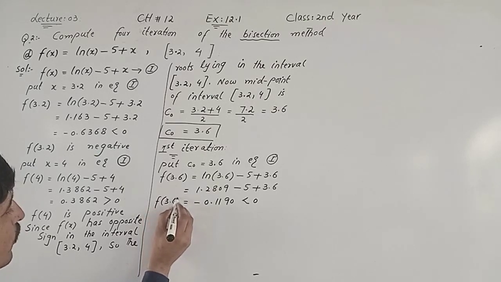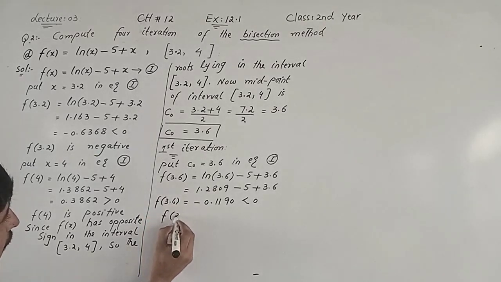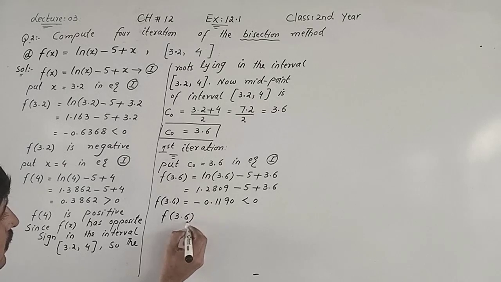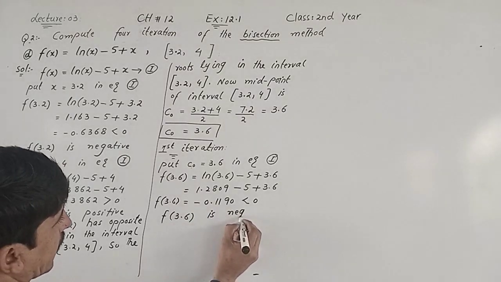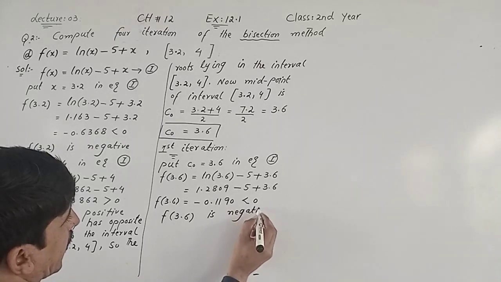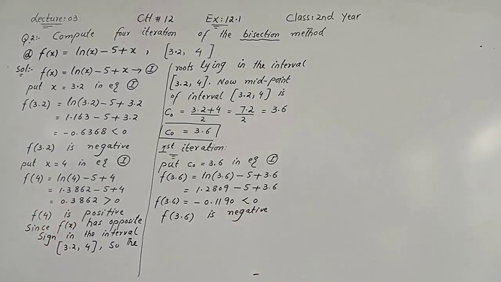Means f(3.6) is negative. ठीक है, ये हमारे पास नेगेटिव आया. अभी हमने इसका अपोजिट साइन लेना है, मींस पॉजिटिव.